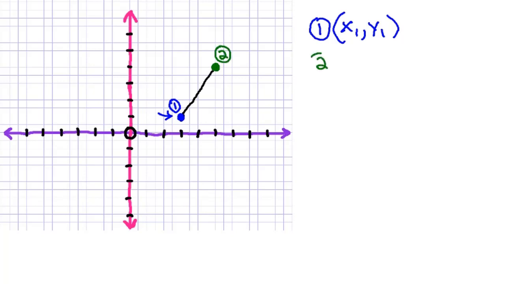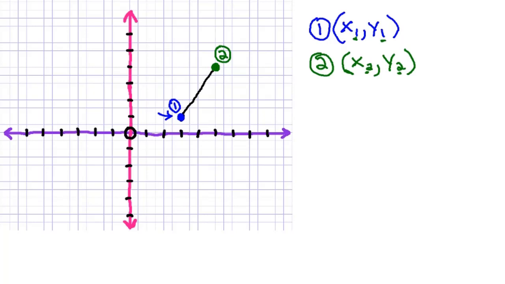So point 2 is going to be x2, comma, y2. And that's how they refer to it in math classes, because this is your second point. So you're going to have the little 2's after them. And your first point is going to have the little 1's after them. So let's find out what these actual values are.